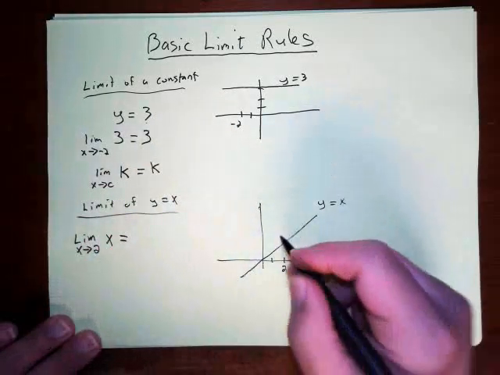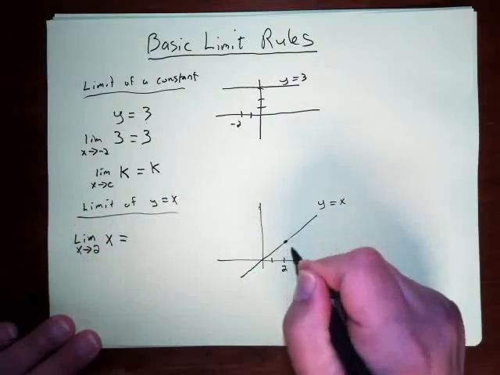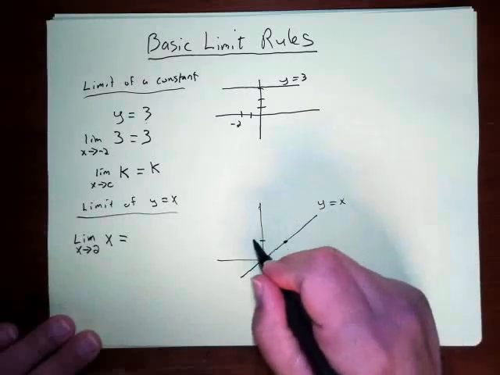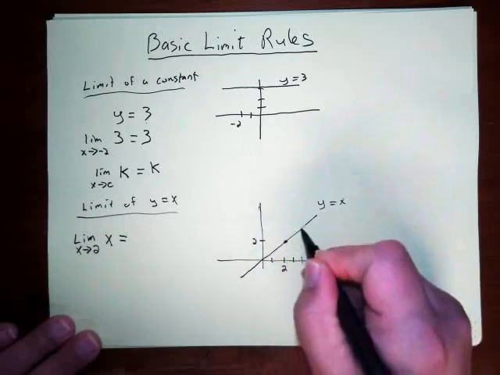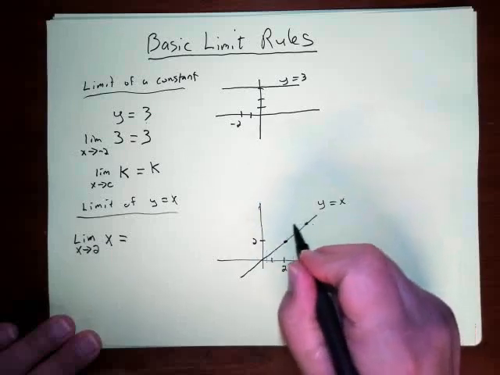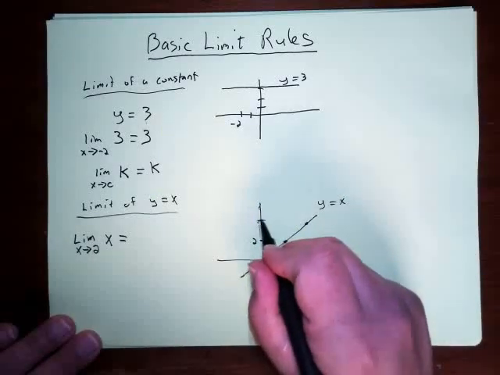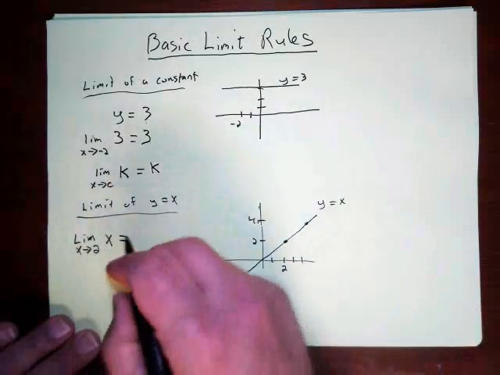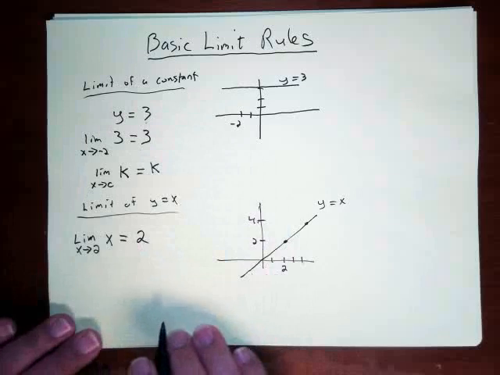Well, as you get closer and closer to 2 on either side, the graph is getting closer and closer to 2. As you get closer and closer to 4, the graph is getting closer and closer to 4. So the limit as x approaches 2 of x is just equal to 2.